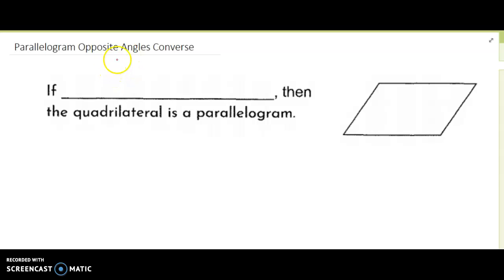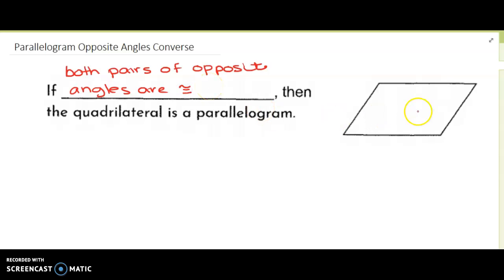Okay, the parallelogram opposite angles converse, as you could probably tell, is if both pairs of opposite angles are congruent, then by this theorem we know the quadrilateral has to be a parallelogram.